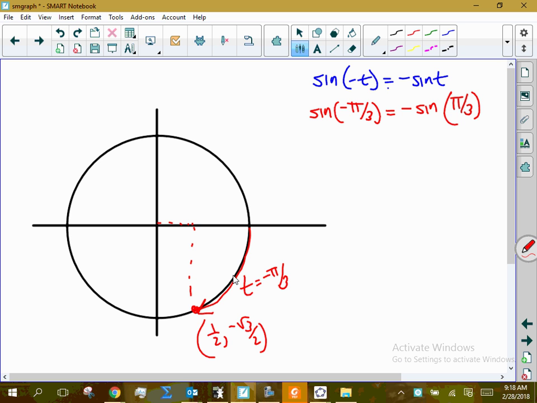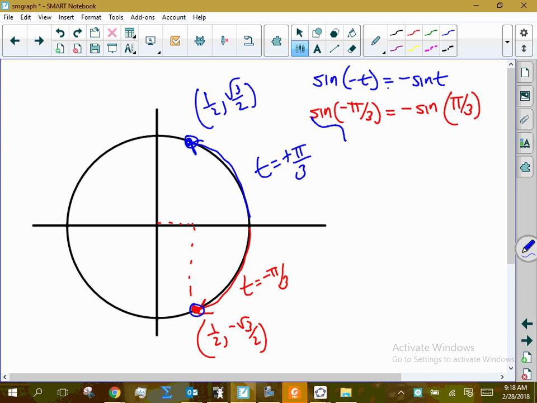But if I did positive pi over 3, wouldn't that point show up right there? Because positive pi over 3 is essentially the reflection of that point. Those two points are reflections across the x-axis of one another. The ordered pair here is still 1/2, but the y value is root 3 over 2, correct?